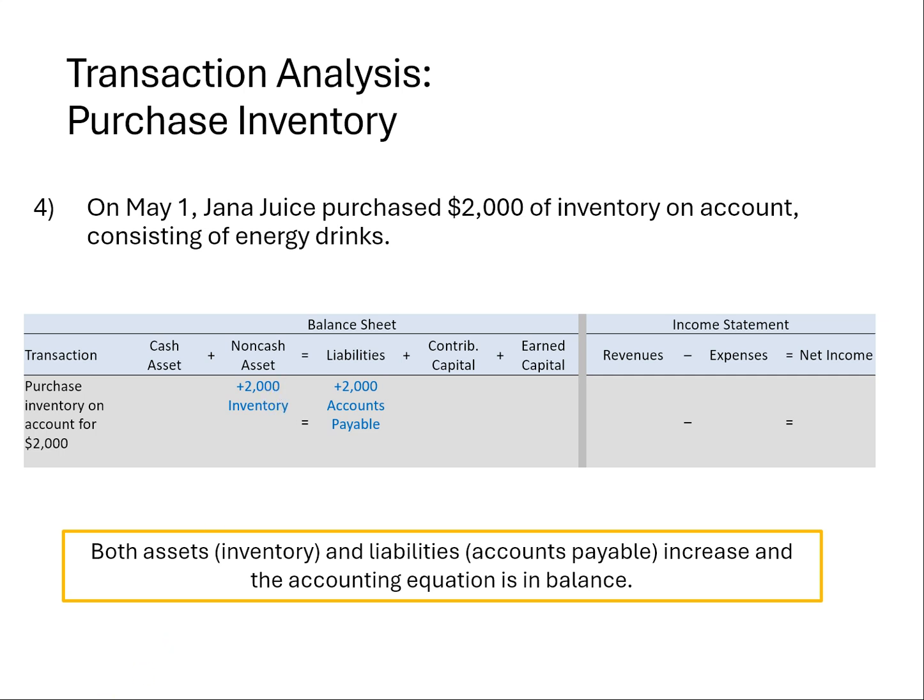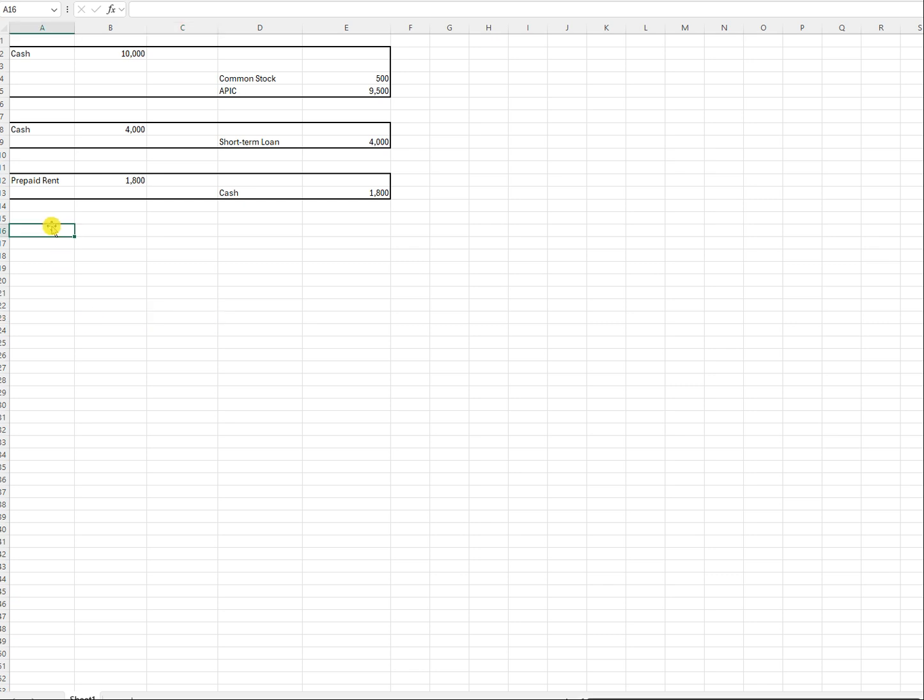So in the journal entry, we debit inventory $2,000, then we credit the liability, accounts payable, $2,000.